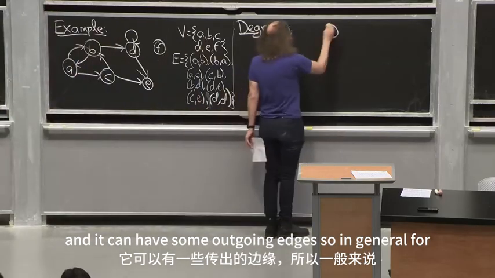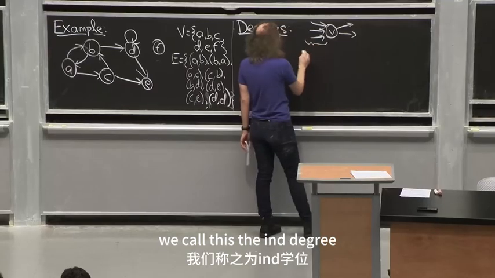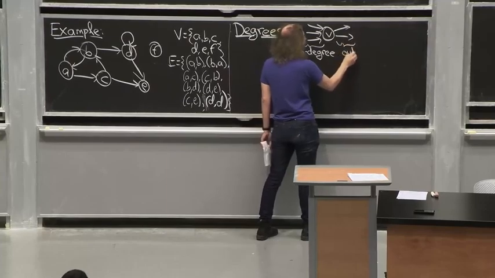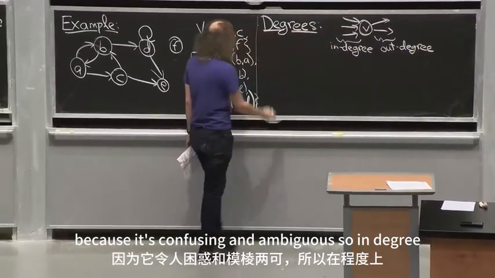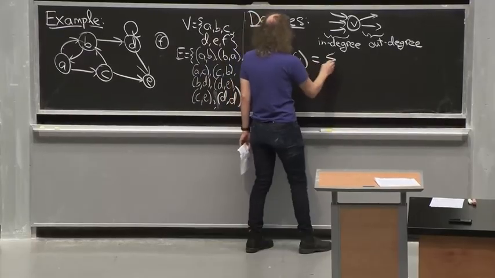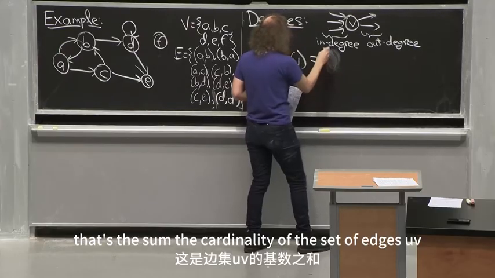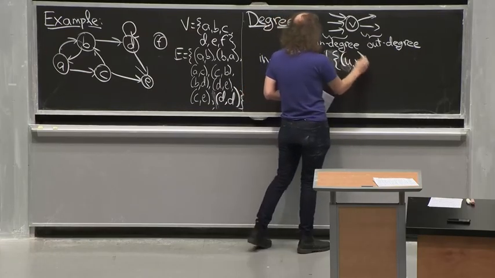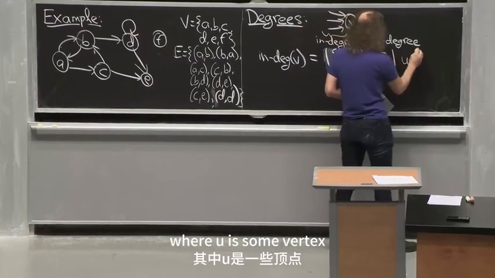So in general, if a vertex V is going to have some incoming and some outgoing, we call this the in degree, and we call this the out degree. We don't define degree because it's confusing and ambiguous. So the in degree of a vertex is the cardinality of the set of edges UV that are in E, where U is some vertex.